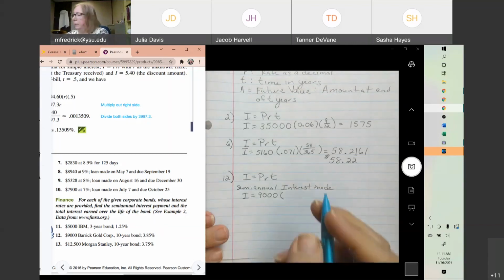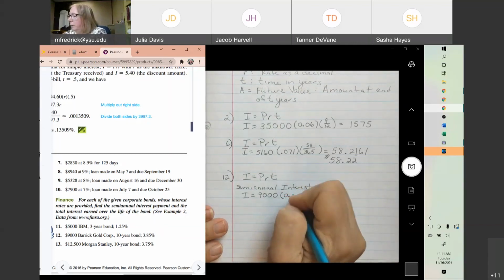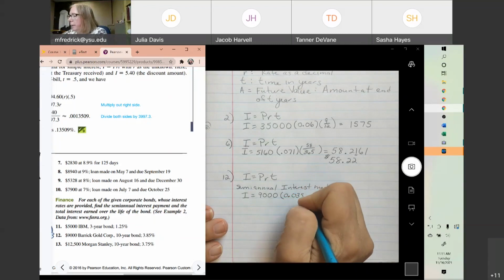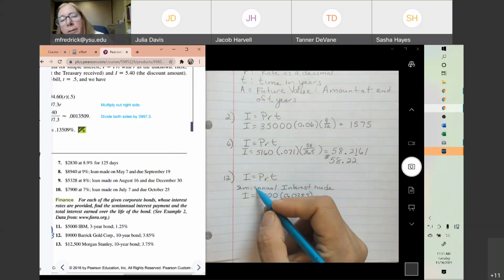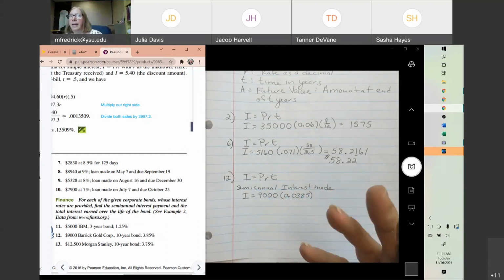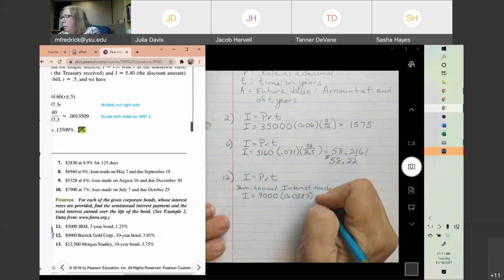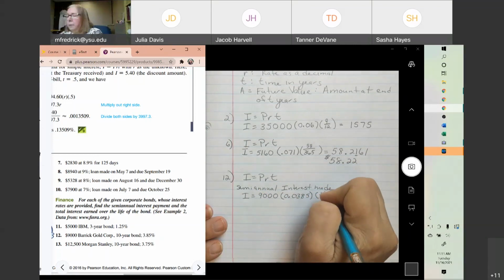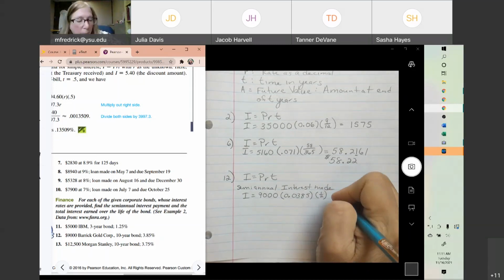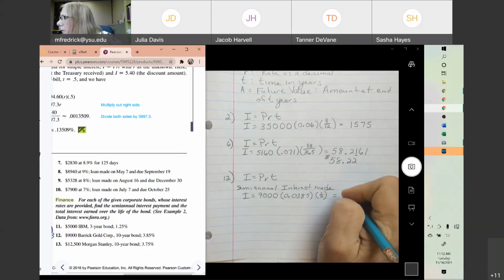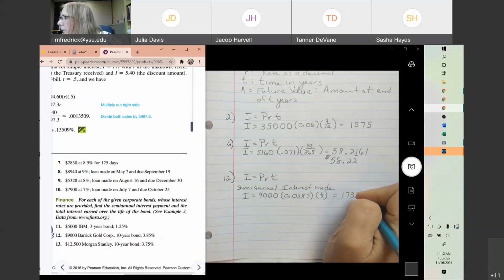Remember to put it as a decimal, 0.0385. Now, if we're talking about semi-annual, that's half of a year. So it'd be 1/2. Because semi-annual is twice a year, so half of it, 1/2. Should get 173.25.